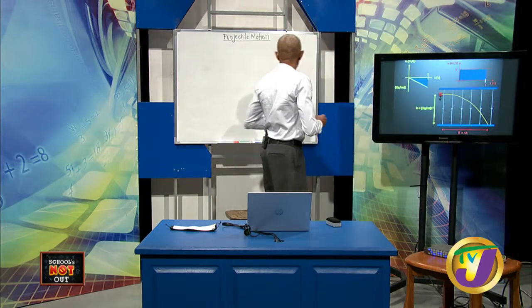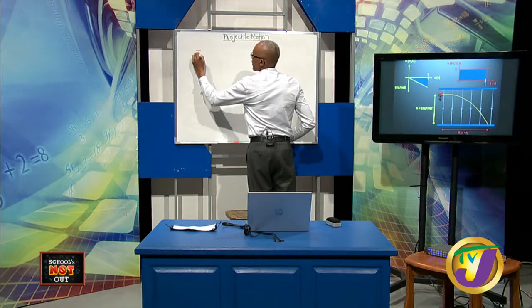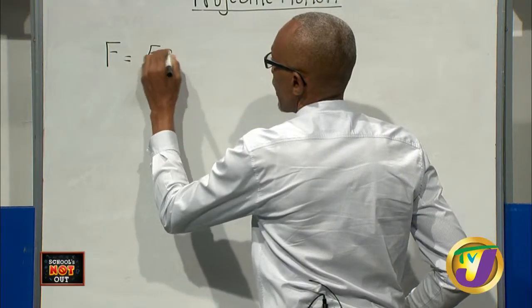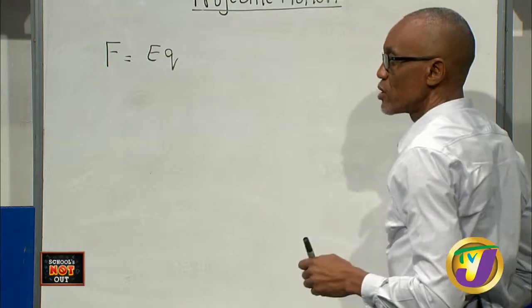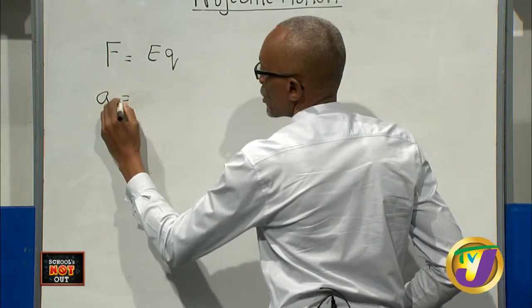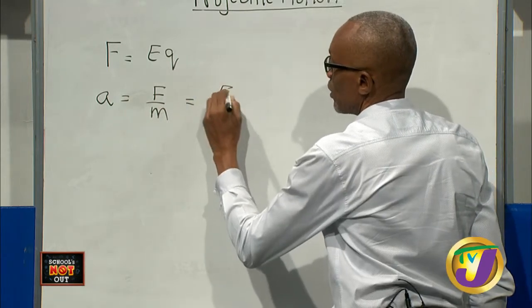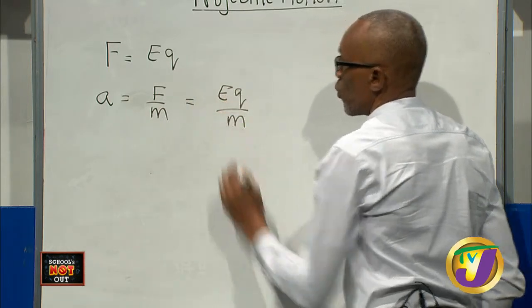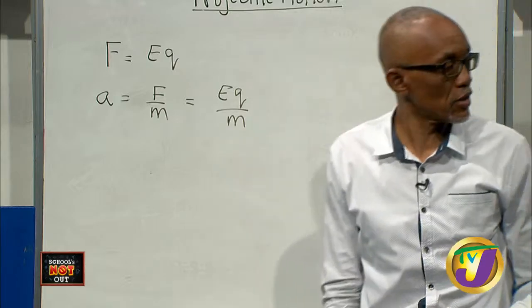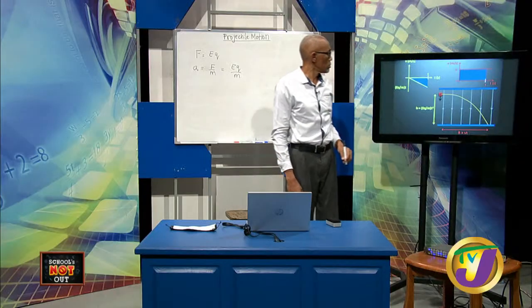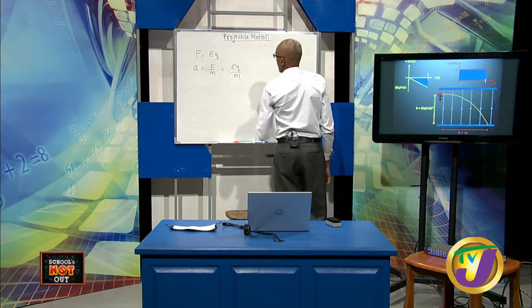You remember that the force is equal to E times Q. But from Newton's law, acceleration is equal to force over mass, and that would be equal to EQ over m, where m is the mass of the particle. Okay? So that's the acceleration.